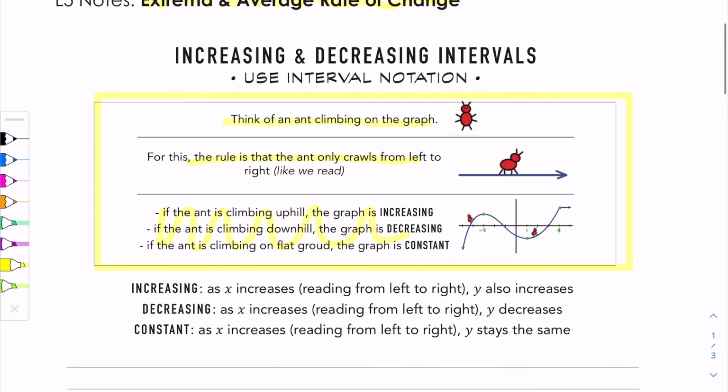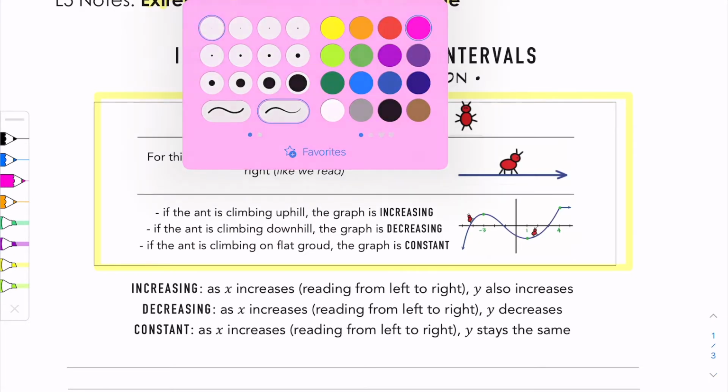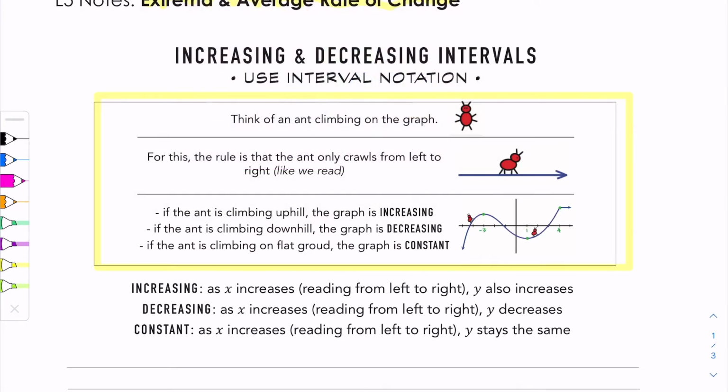One of the biggest things to remember when you are doing increasing and decreasing is that you use x values only. And you actually write it with interval notation. So x values and interval notation.